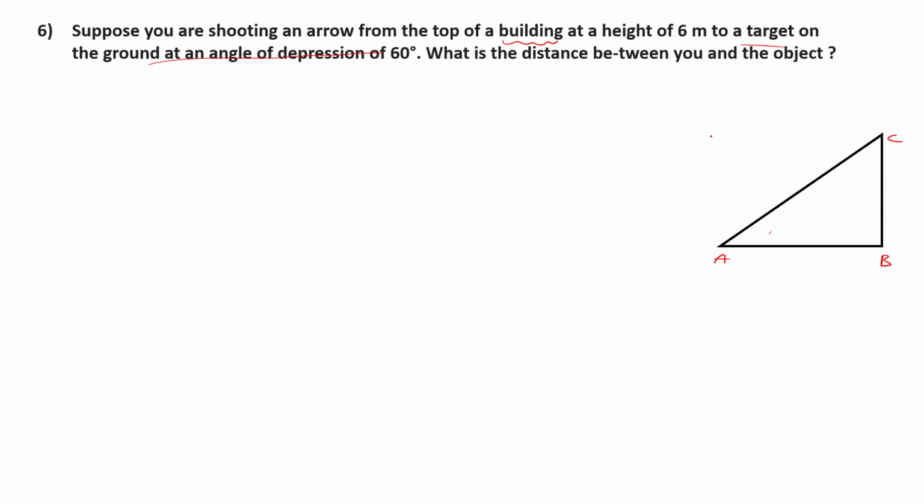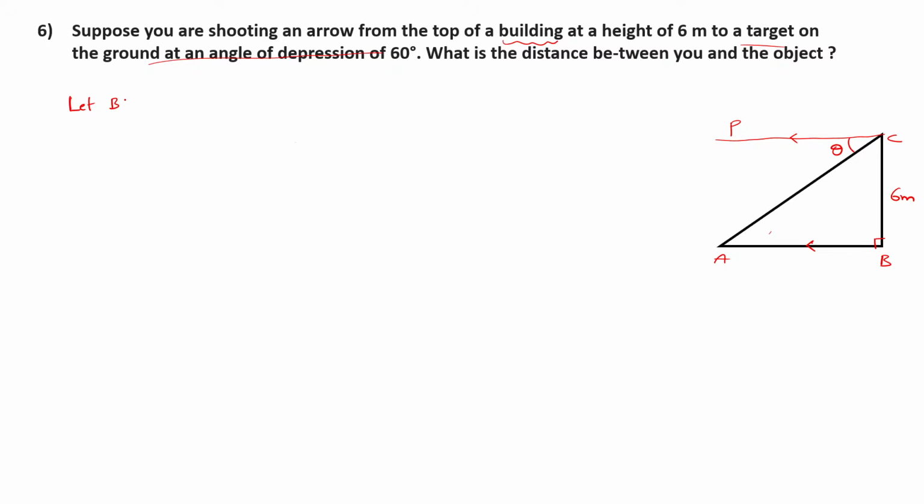Point C, the imaginary horizontal as some P, is parallel to AB, here it is perpendicular, given as theta, and this is 6 meters. Now let us write the steps.